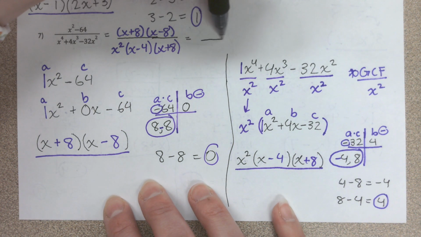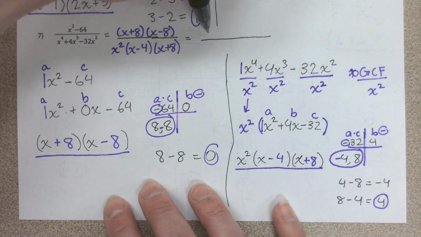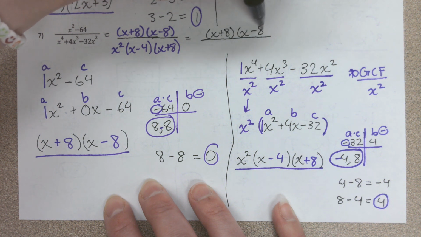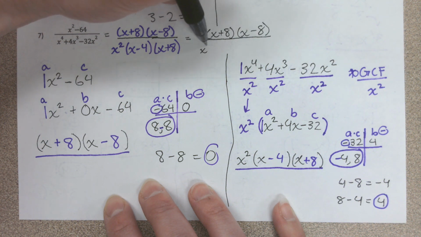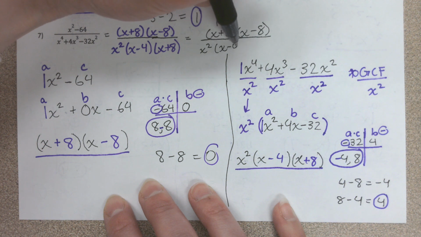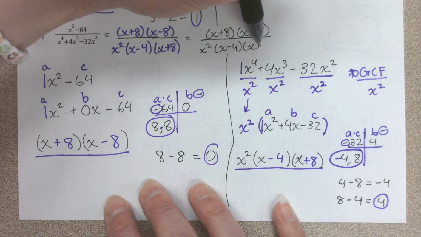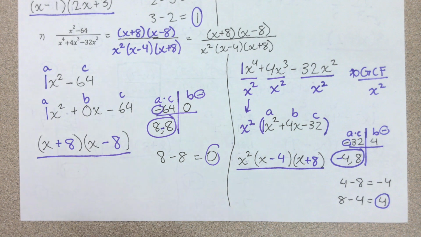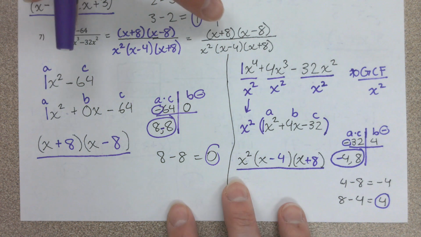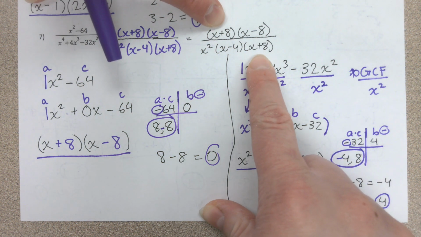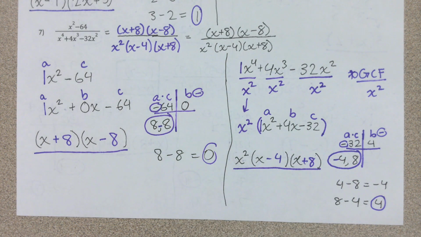And I'm going to write it up again before I start canceling things out. X plus 8, x minus 8 over x squared, x minus 4, x plus 8. Hopefully you see the x plus 8 on top and bottom. It's okay that they're not completely over each other.